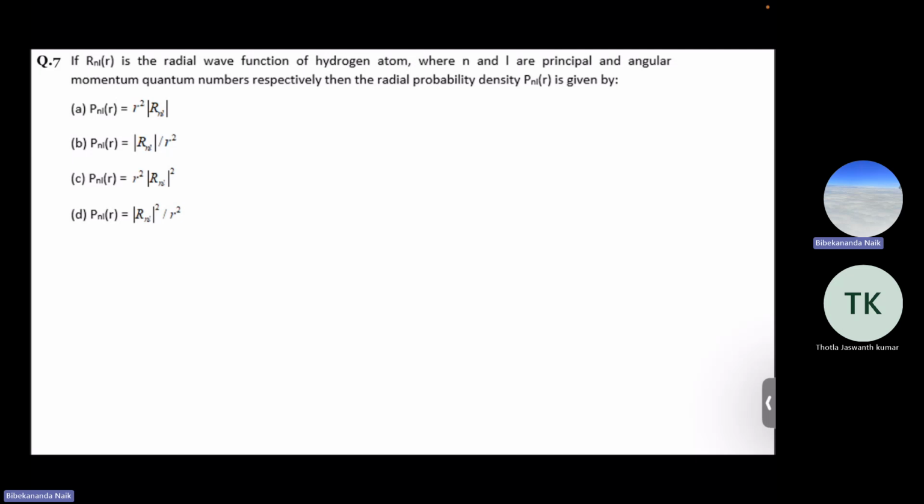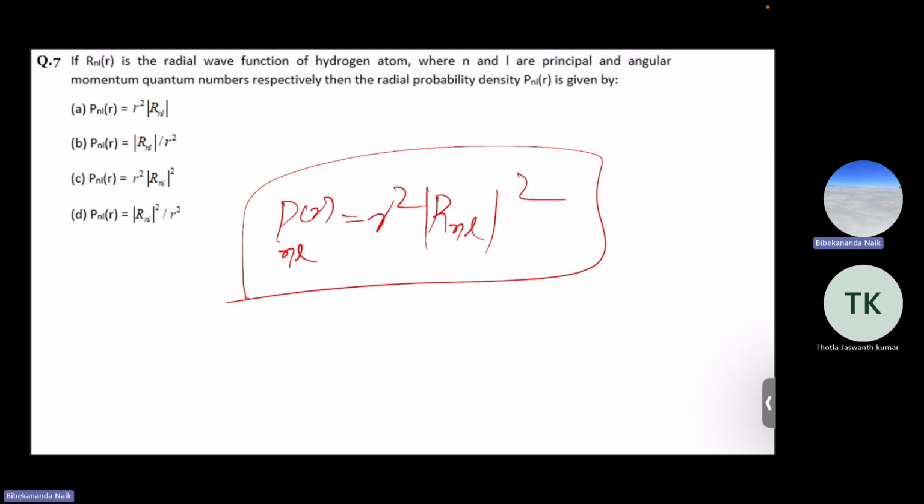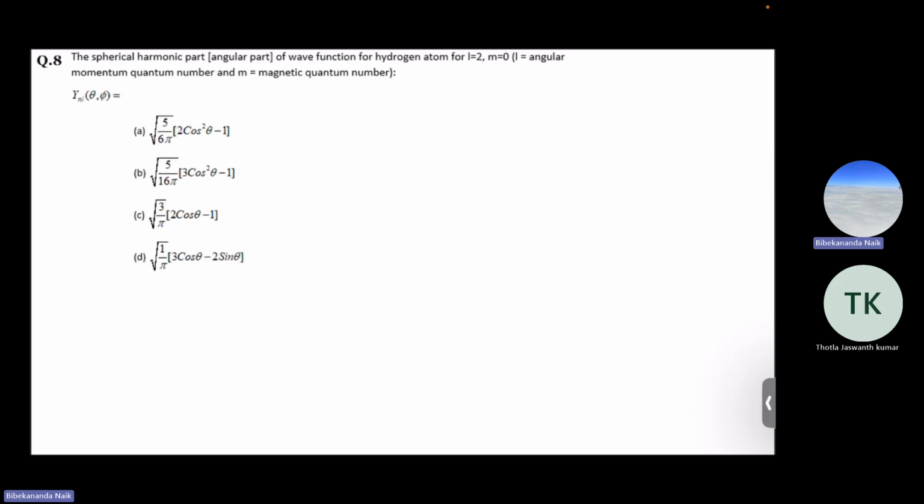PNL(r) is equal to r square times mod square of RNL. So the correct option is option C. It is a standard formula that has been discussed in the lecture content of the week. Now we move to question number 8.